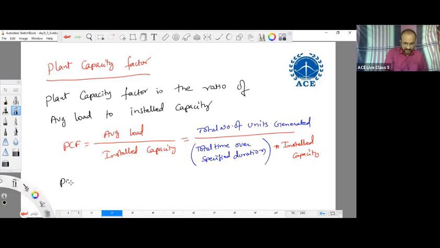You can also write plant capacity factor as the total number of units generated by the maximum possible number of units that can be generated.